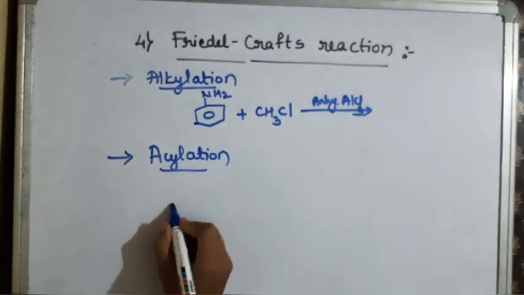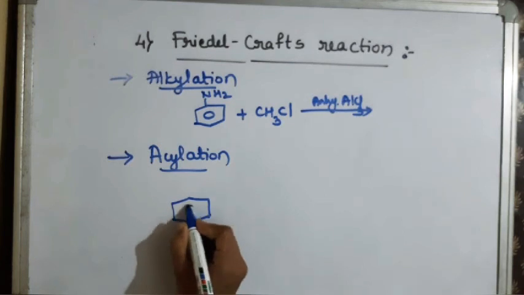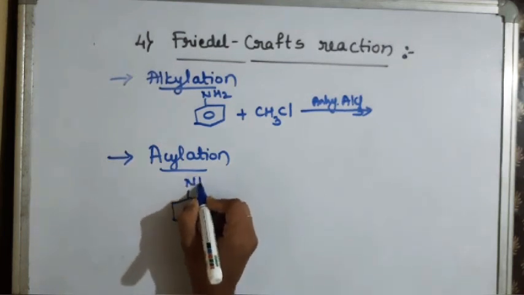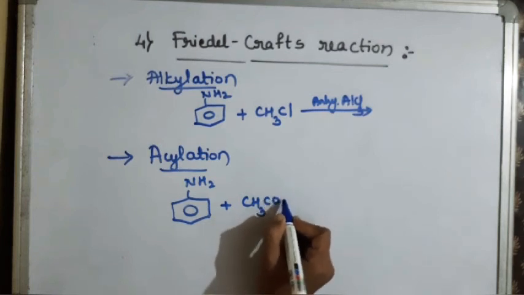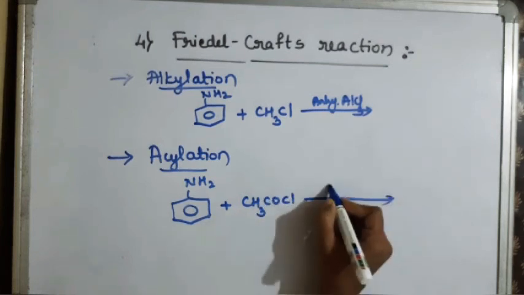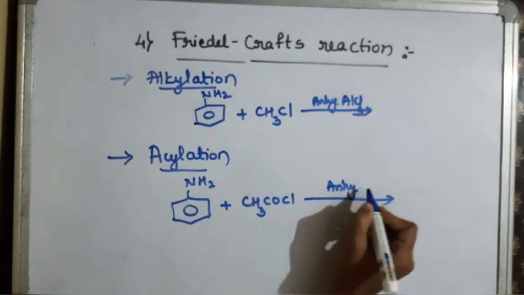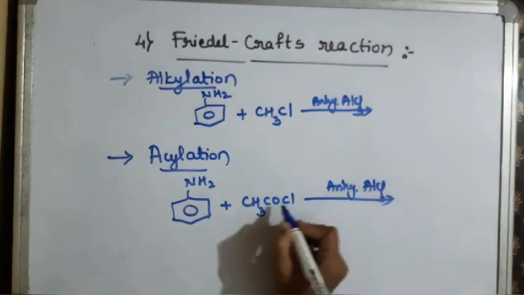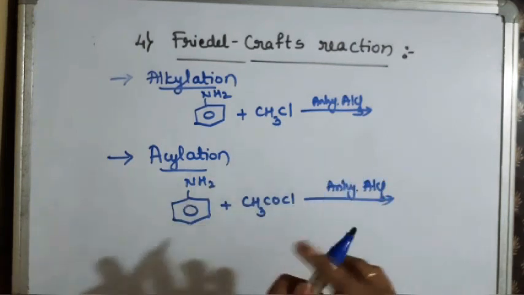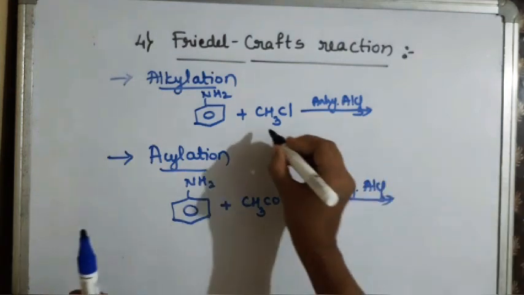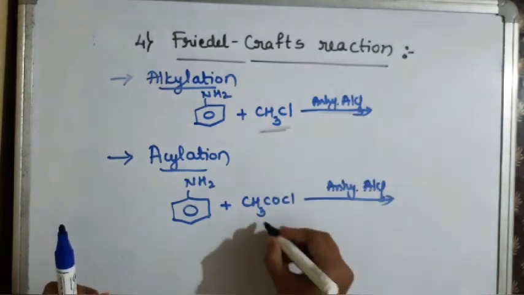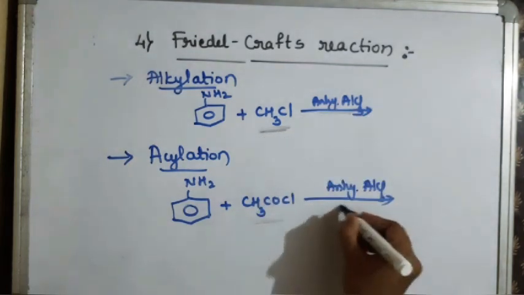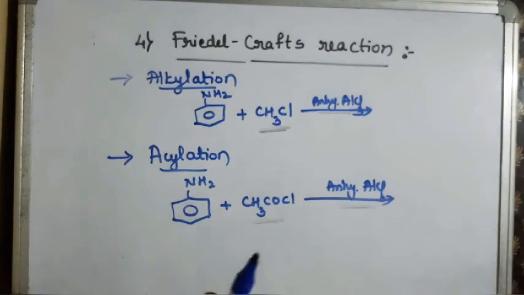In case of acylation, we are taking the aromatic hydrocarbon, here aniline, and it is treated with acetyl chloride or acetic anhydride in presence of anhydrous AlCl3. So these are the reagents used in the Friedel-Crafts reaction, that is alkyl halide in presence of anhydrous AlCl3 or acetyl chloride in presence of anhydrous AlCl3.